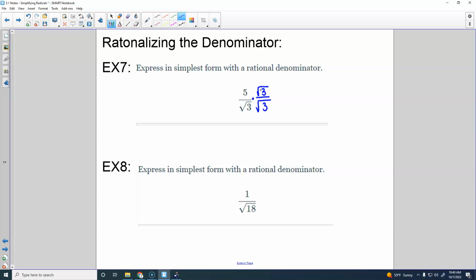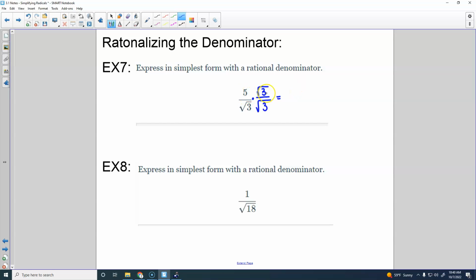Can anybody tell me mathematically why that's okay? Square root of 3 over square root of 3 equals 1. Right? And so if we multiply by 1, does it change the value of anything? It does not. So we can do this because what we're really doing is just multiplying by 1, and the value of what our expression is going to stay the same. But it'll change the way it looks.